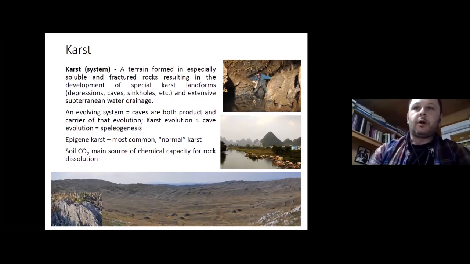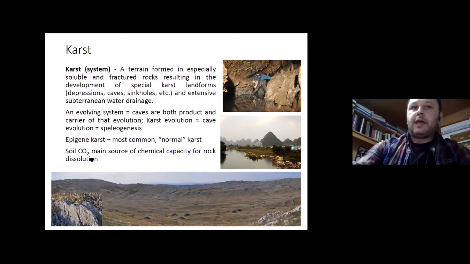The most common caves that you have seen in pictures, or visited as a tourist, are what we call epigene karsts, or traditionally the so-called normal karst systems, where we have drainage and recharge of the system, the supply of water coming from the surface.